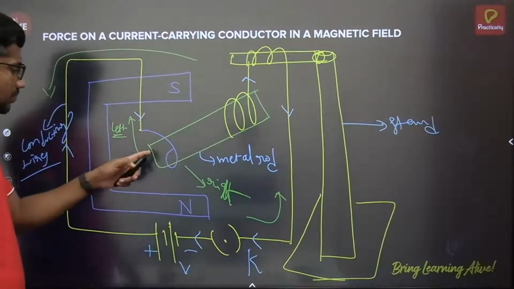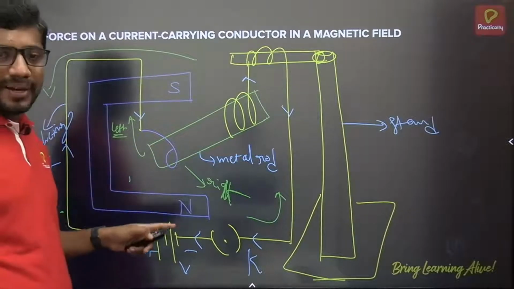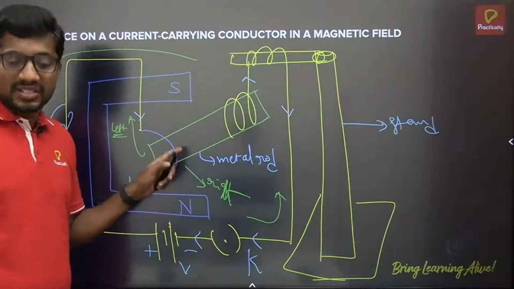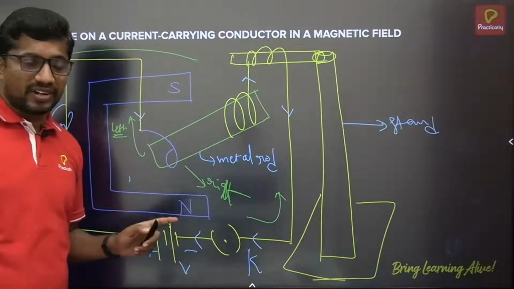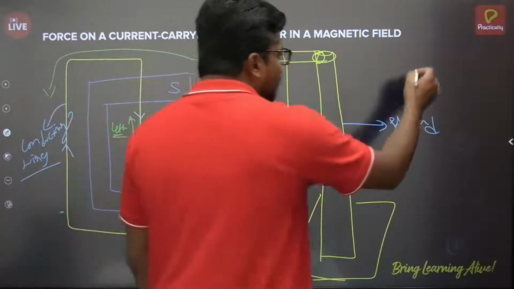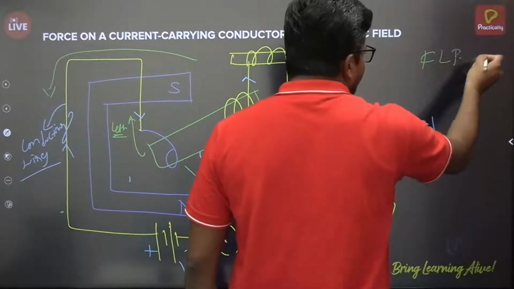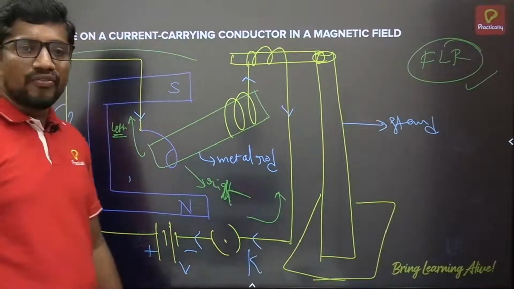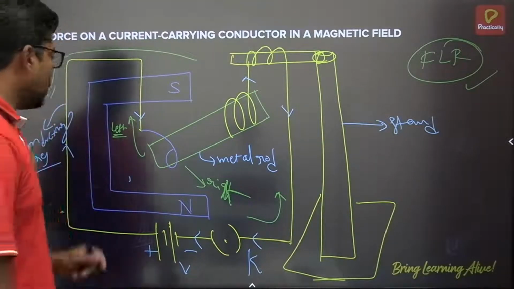Now, the direction of deflection, that means whether it is deflecting towards right or towards left, can be obtained with the help of a special rule that is called Fleming's left hand rule.